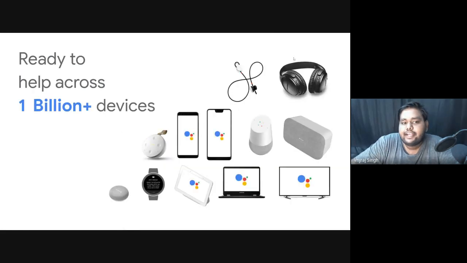And right now there are 1 billion active devices working on Google Assistant. You can use Google Assistant on different devices such as Google Home, smart devices, smartphones, smart applications, watch, wear, and headphones. There are a lot of devices that you can use for Google Assistant.